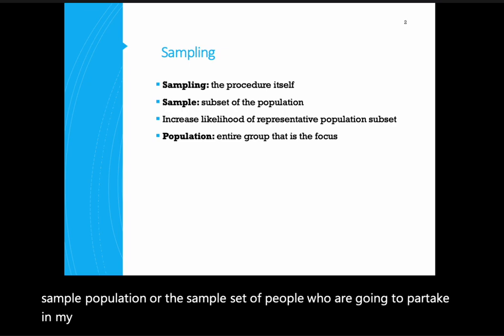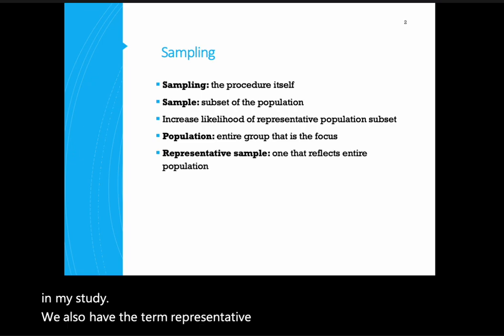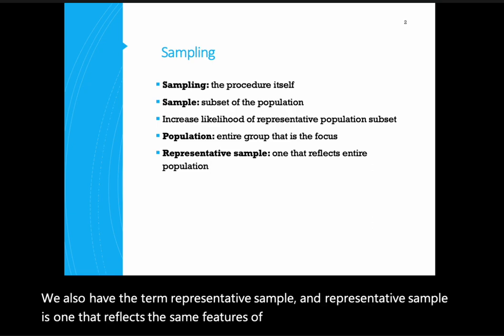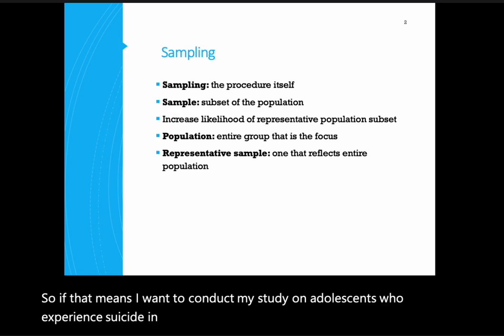We also have the term representative sample. A representative sample is one that reflects the same features of interest as the entire population. So if I want to conduct my study on adolescents who experience suicide in Colorado, I want that sample to be representative of the entire population.